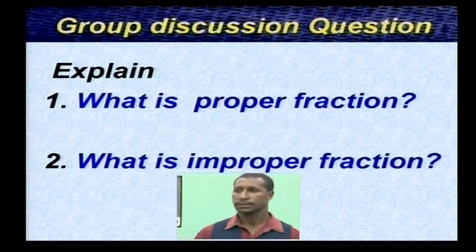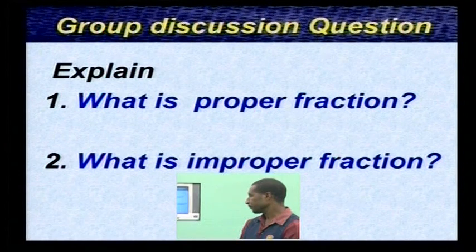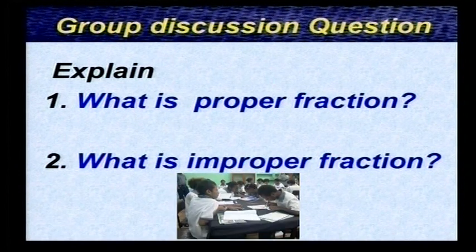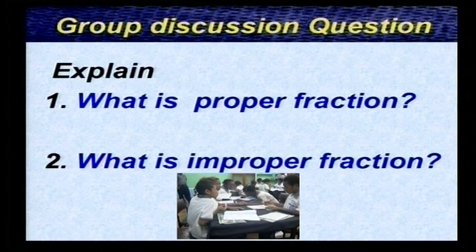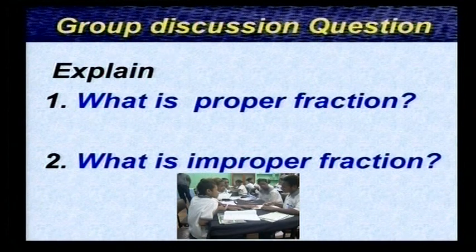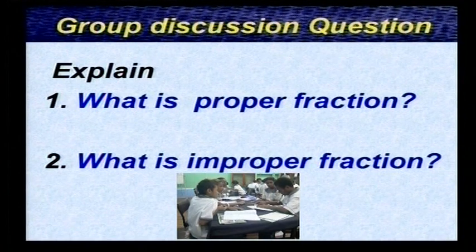At least 3. Students, remember that this is a group discussion, so everybody has to discuss the answers. All group members must contribute ideas to come up with your answer.